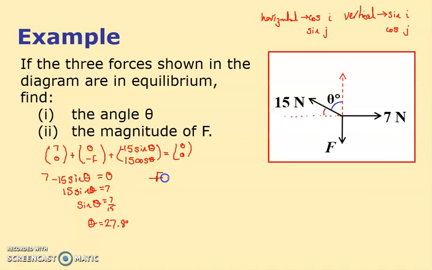I can write minus f plus 15 cos theta equals 0. I suppose f equals 15 cos, well, I know what my angle is now, it's 27.8, but I'm going to use the exact number that's still in my calculator, which is 27.818. So if I do 15 cos answer, that should give me the right answer.